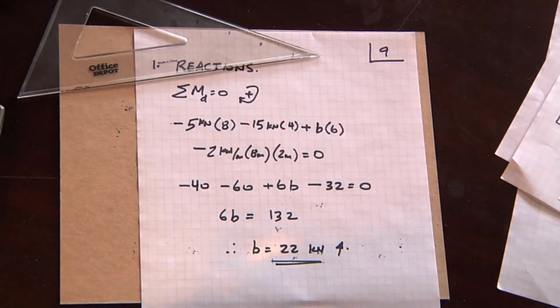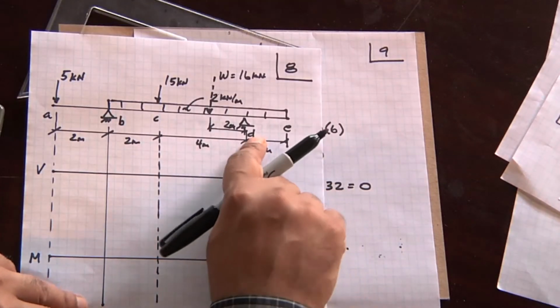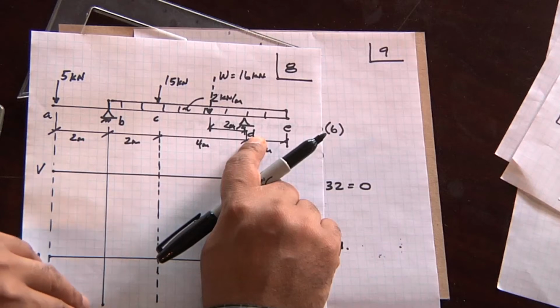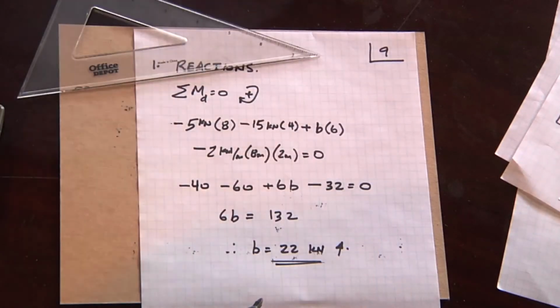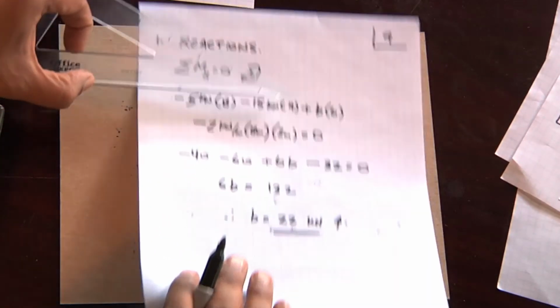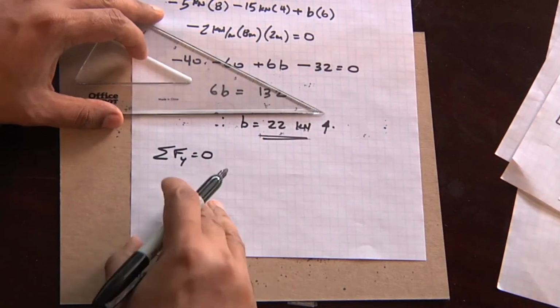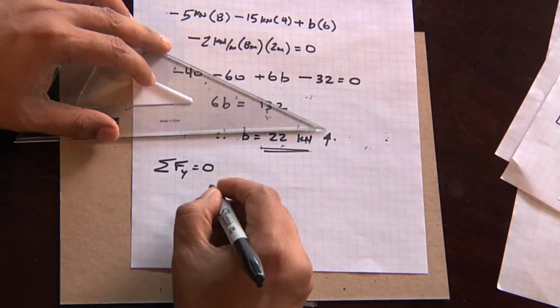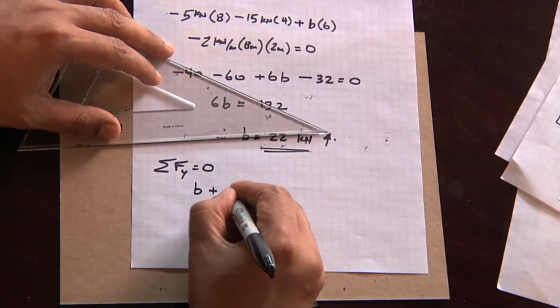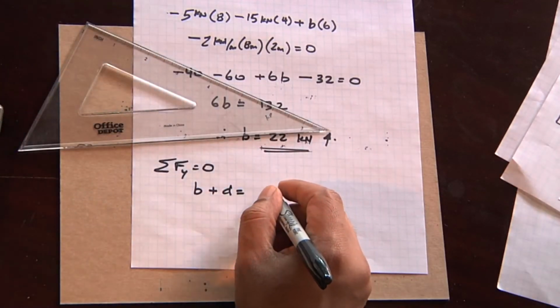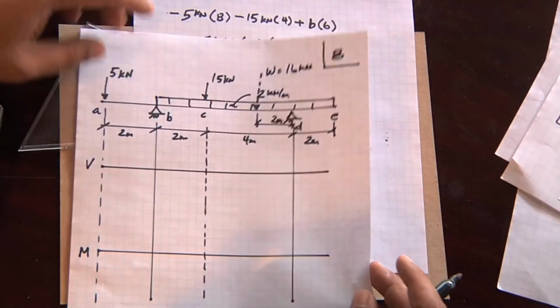That's our first reaction. The second reaction, which is D, we can do by sum of the forces. So we can do that, sum of the forces in the y direction. And so that would be B plus D should equal all the forces going downward.